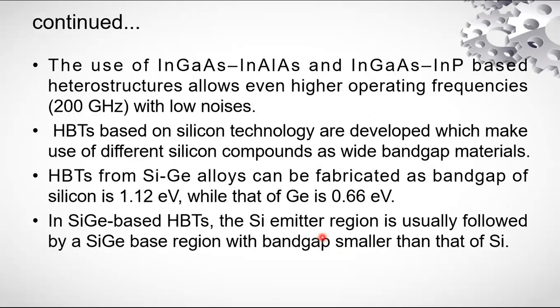Now, if you use a different material like indium gallium arsenide, indium aluminum arsenide, or a combination of indium gallium arsenide and indium phosphide based HBTs, it will allow us to use HBTs to a much higher operating frequency, some around 200 gigahertz with low noise.